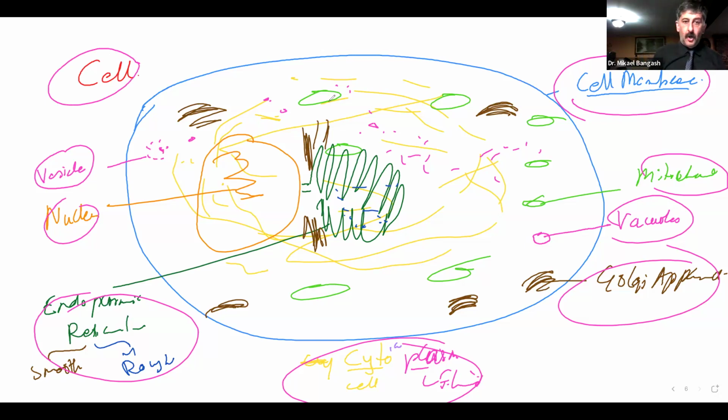And each of these organelles is not just for fun. Each of them will have their own specific function that they need to perform to enable this cell to perform its job, together with similar cells that make up that tissue.